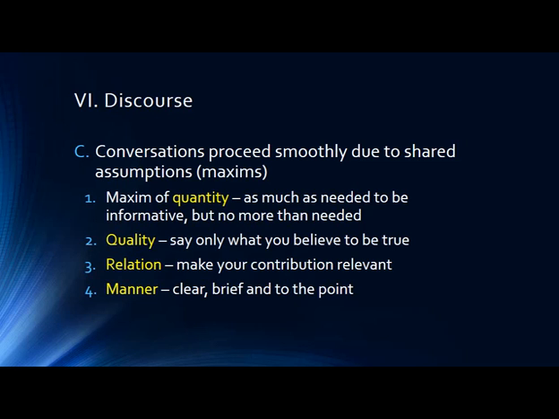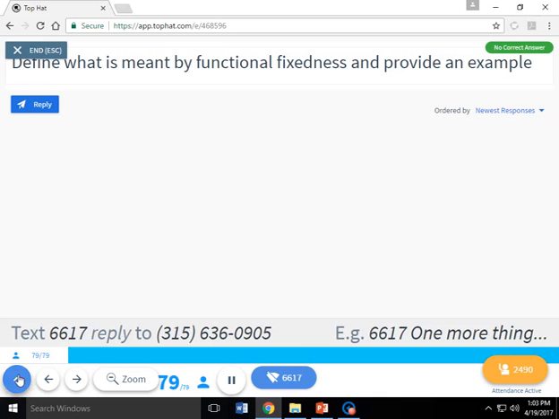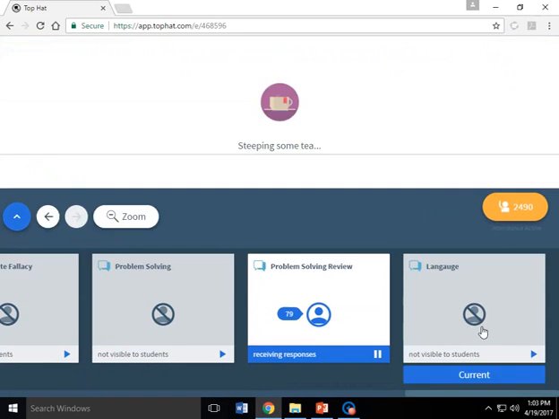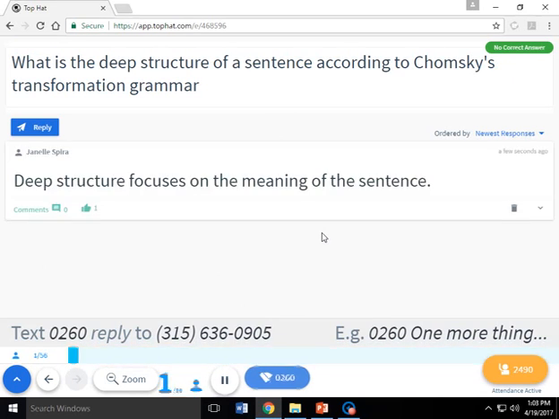Any questions about discourse? Okay, well, I've got a quick little Top Hat review. There it is. So a quick little review of something we talked about today. While you fill that out, I'm going to go refill my water.